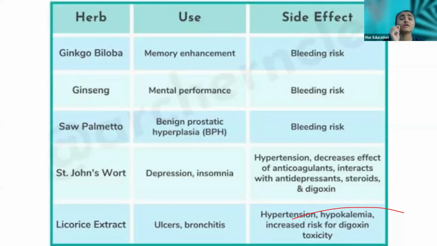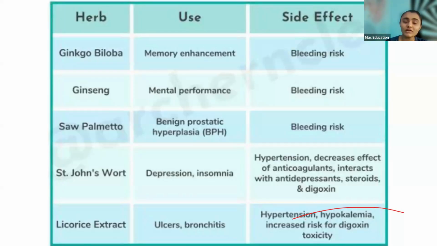Always remember, any herbal remedy that starts with G has bleeding risk as its side effect. This point you have to remember. For example, in examination, if you are asked something about herbal remedies that start with the letter G, what is the side effect? Bleeding. Yes, bleeding risk. This is the shortcut key you have to remember because it is not possible to remember all the herbal remedies, their side effects, and their uses.